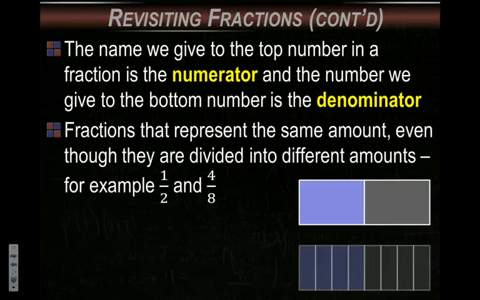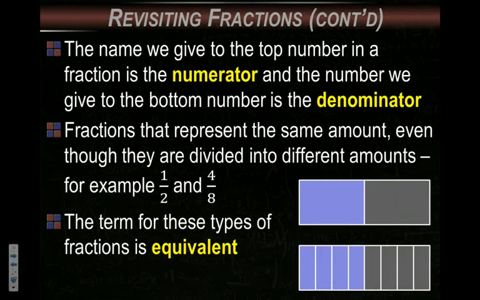Okay? So now let's keep going with this language stuff. The top number in math is called the numerator. The bottom number is called the denominator. Okay? Language of mathematics. Fractions that represent the same amount are said to be equivalent fractions. So this fraction here is 1 over 2, or 1/2, and this fraction is 4 out of 8 pieces, or 4/8.